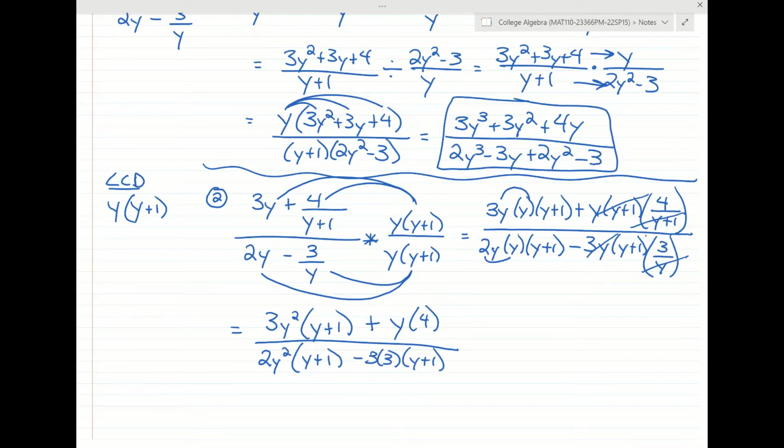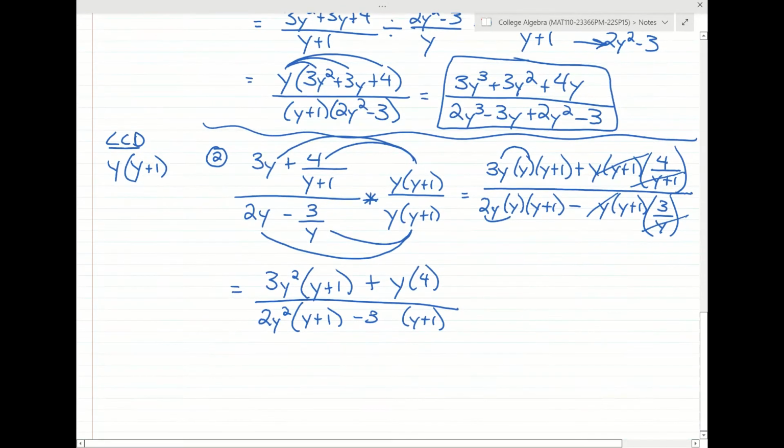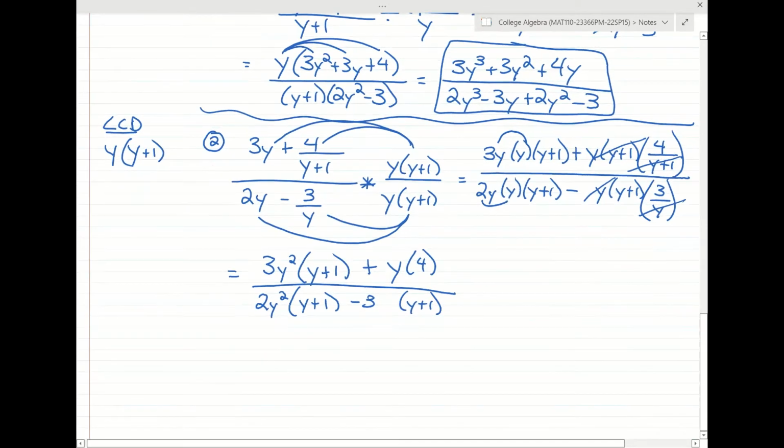I have an extra factor of 3 there. Let me just check this. It should be minus 3 times y plus 1 times 3 over y, and that's what it should be. If we distribute it, we should wind up with what we got on top there.